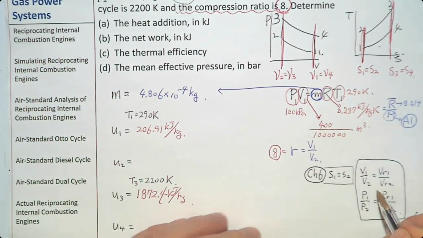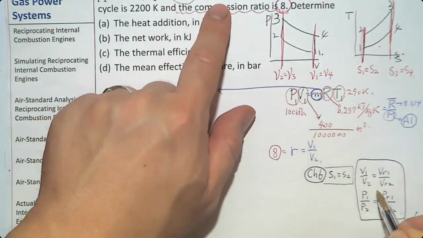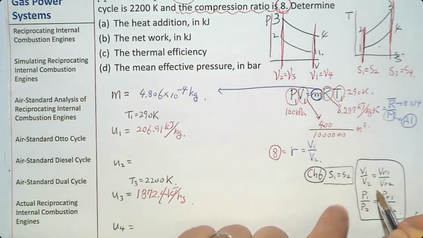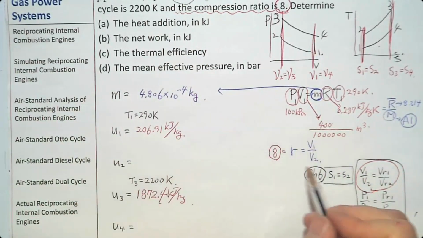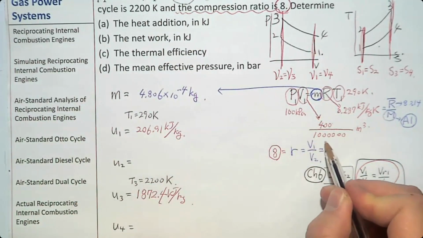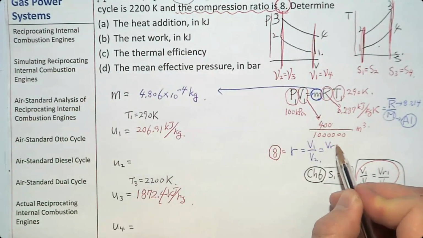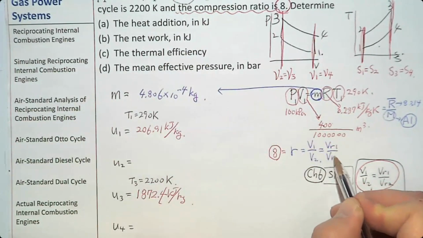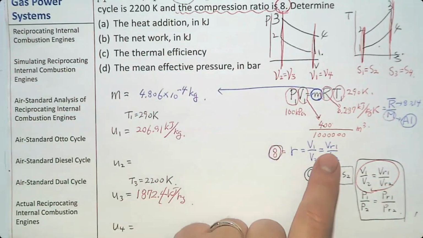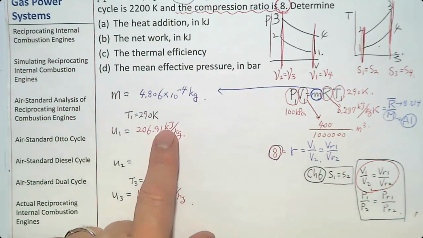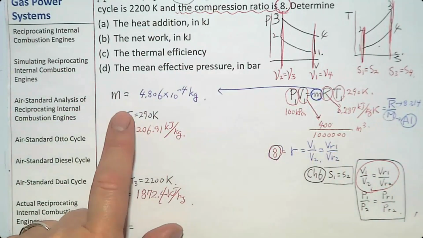Then, since we know the volume V1, let's see if we can use this relation. I'm going to write this one here. Oh, it's written here. V1 over V2 is VR1 over VR2, that is 8. Do we know VR1? Oh, we do not know. However, we know the temperature at number 1.